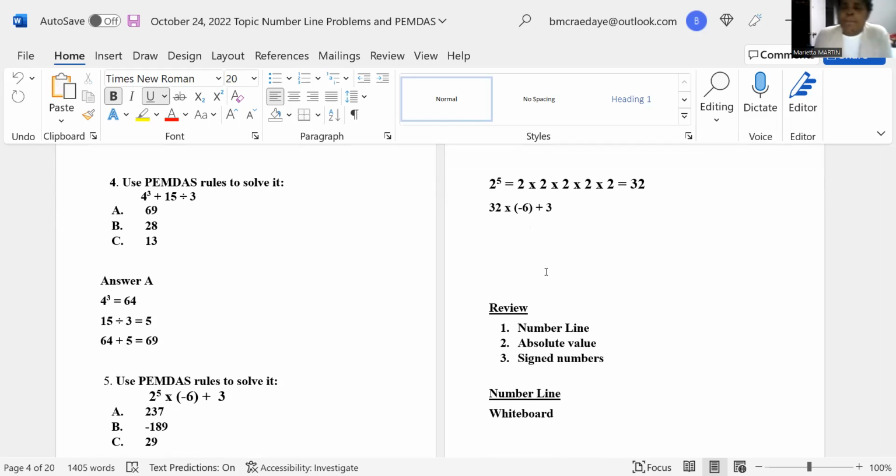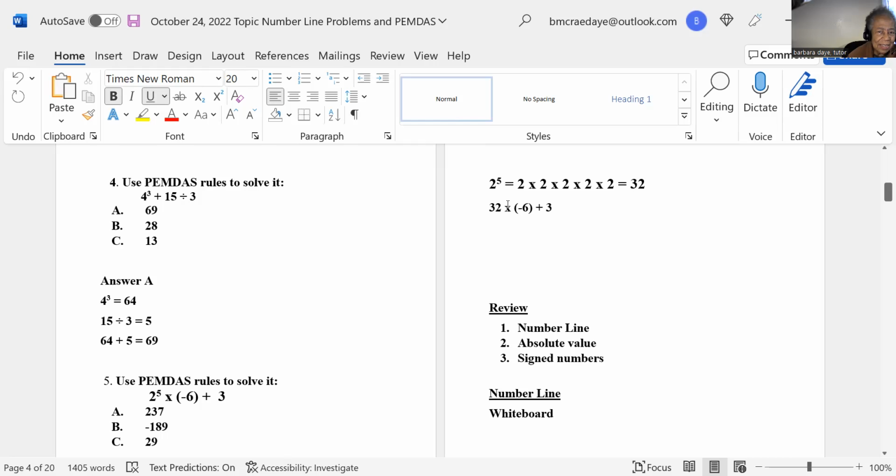I get 29. Okay, that's a common error that you made. Now I subtract everything and then I get 26. What did you subtract? The 32 and the 6. But what does this sign mean? This is a times sign.